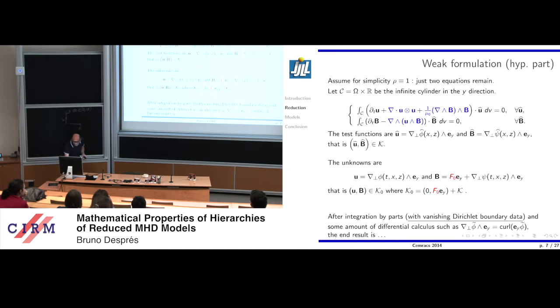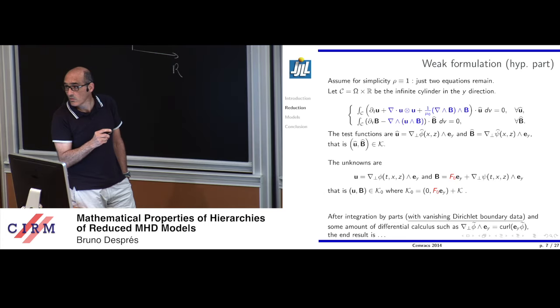So let's continue. Now we use that information, and the possibility is to do a weak formulation. Once again, if the divergence of U is 0, incompressibility, it's possible to simplify with rho equal to 1 everywhere. You just write the equations and take the scalar product against any test function in the space, in the vectorial part of the space.